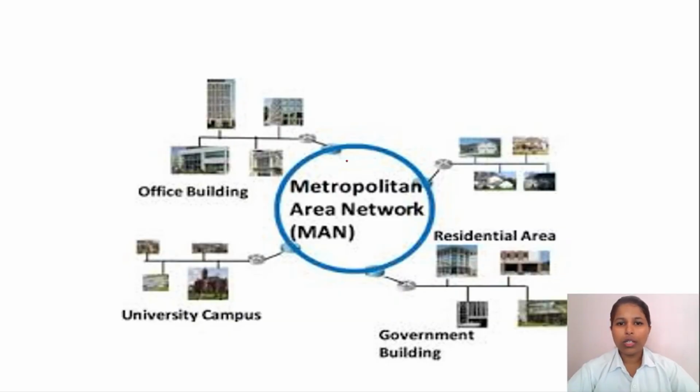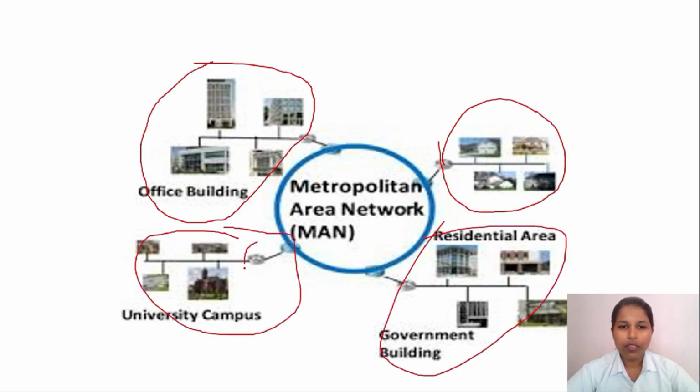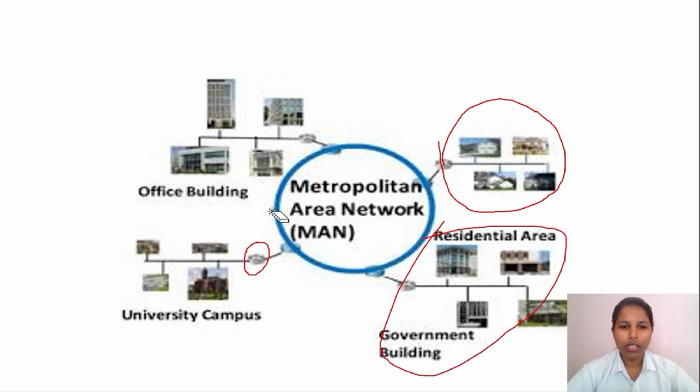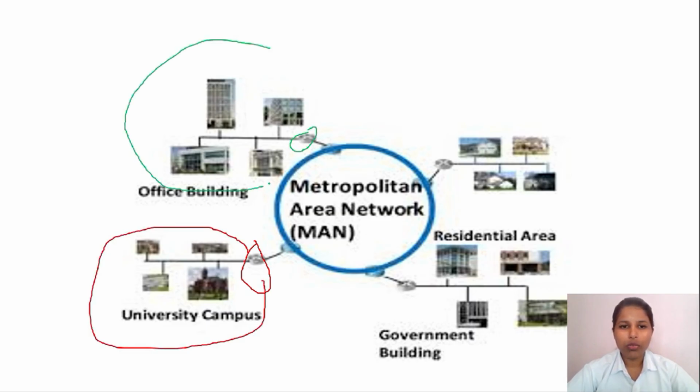So this is the representation of the metropolitan area network, which is MAN. Here we can see an office building, a residential area, a government building, a university campus. If we connect a router here, it will connect to the full university campus. And if we connect a router here, it will completely connect the office building.